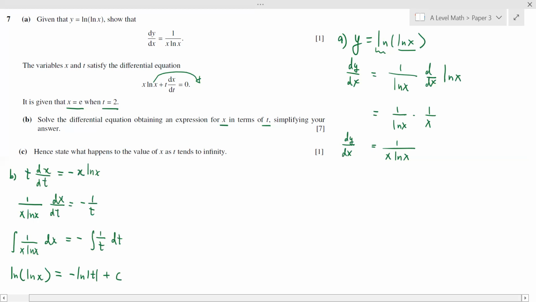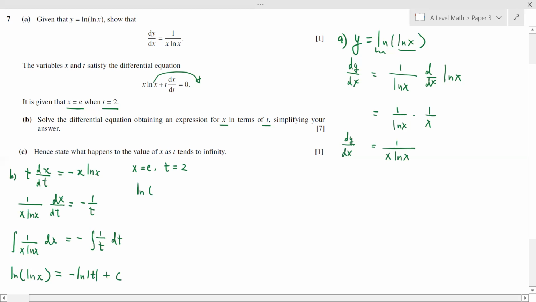We need to write x in terms of t, so we need to find the value of c. We are given that x is e when t is 2. We substitute these values into the equation here.